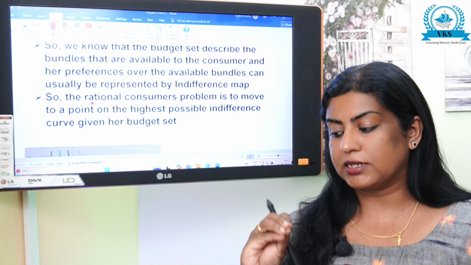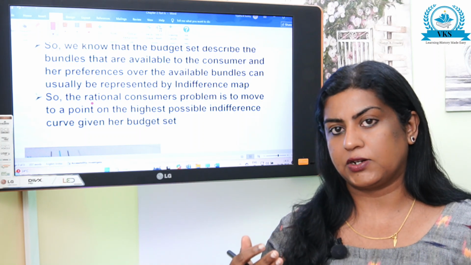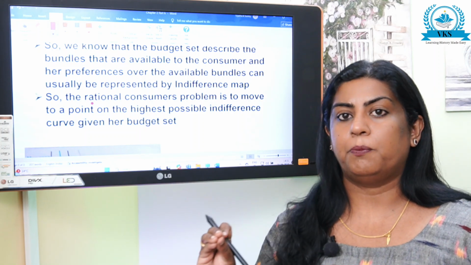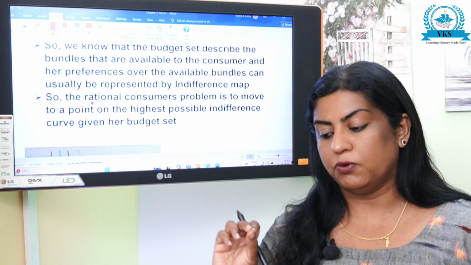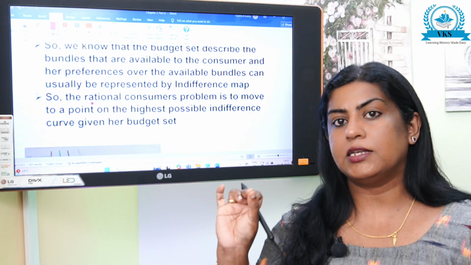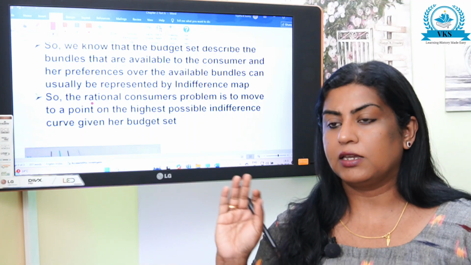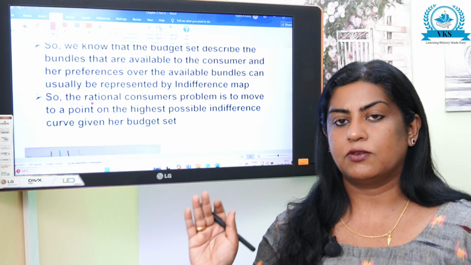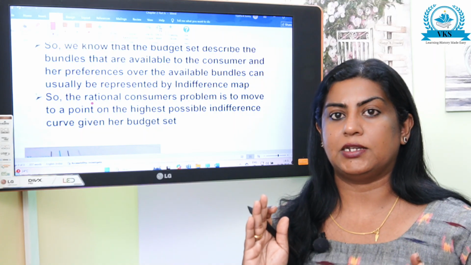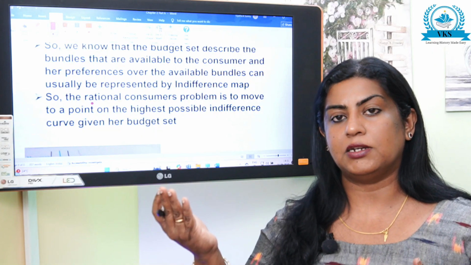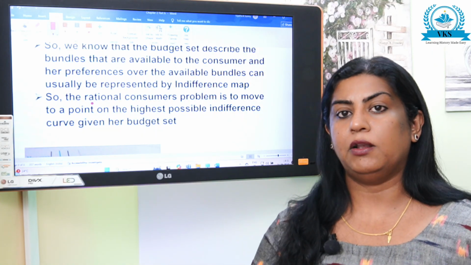They want to get the highest satisfaction at the proper budget line. So the rational consumer's problem is to move to a point on the highest possible indifference curve given her budget set. So the indifference curve should be inside the budget set. It should not be over the budget set, or below the budget set.